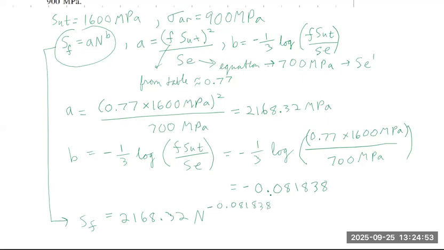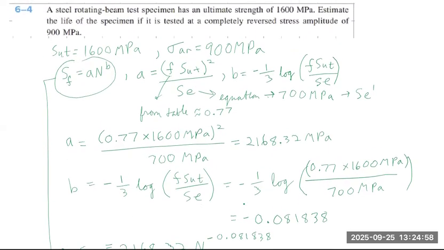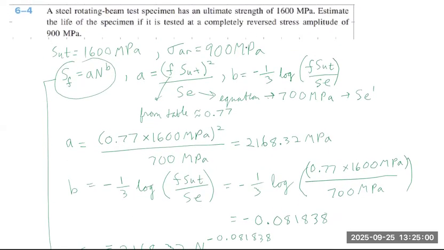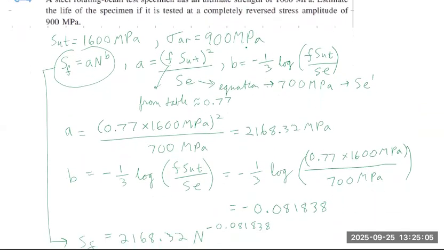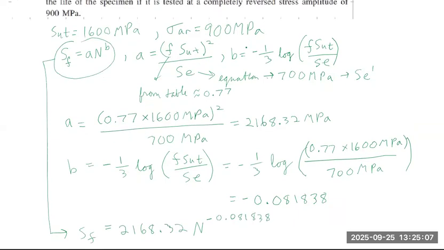Now, what is the fatigue strength? It says that the life of the specimen is tested at a completely reversed stress amplitude of 900 megapascals. So SF is actually equal to sigma AR for this problem.